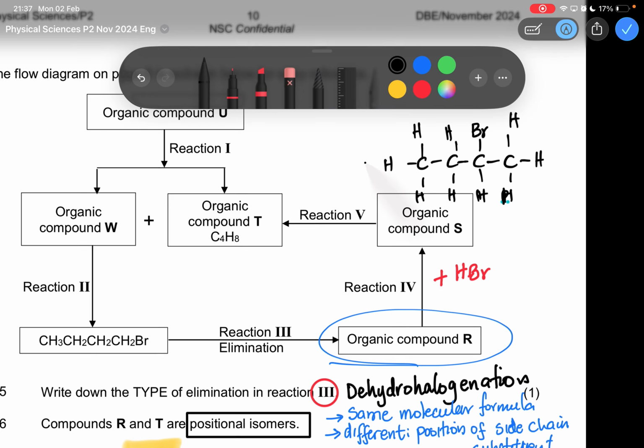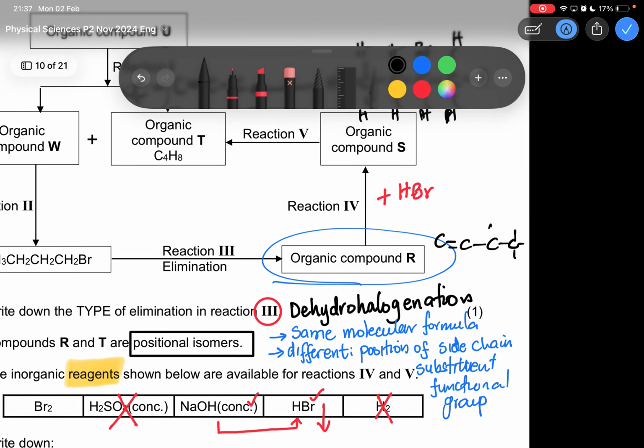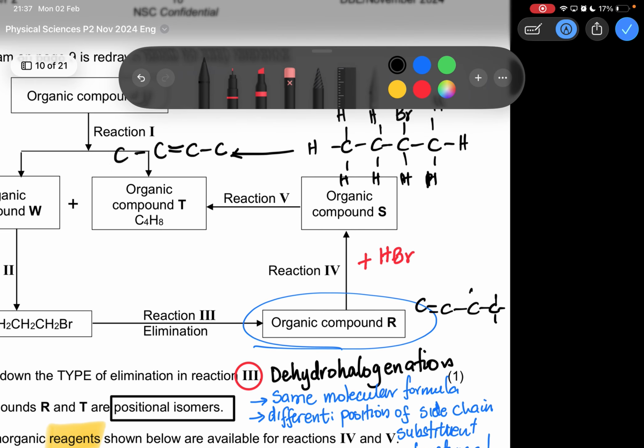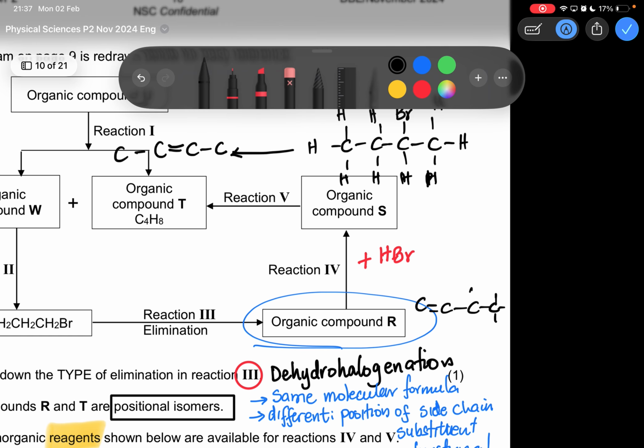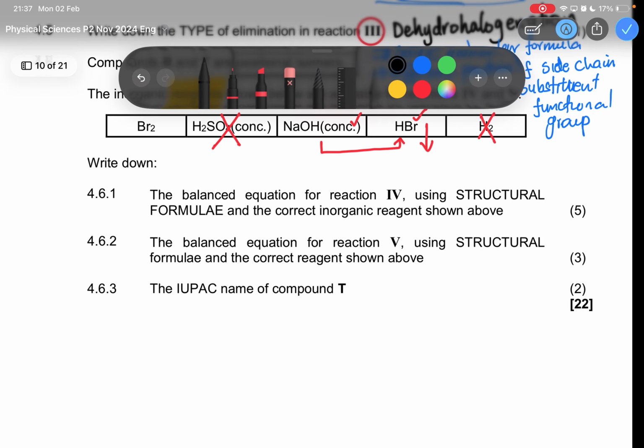So this compound must now react with something to form a product, but now we're going to put Br in carbon number 2 because this one we put it in carbon number 1. So there must be a difference. This one carbon number 1, that one carbon number 2. That makes it a positional isomer. So we are going to take the product S.